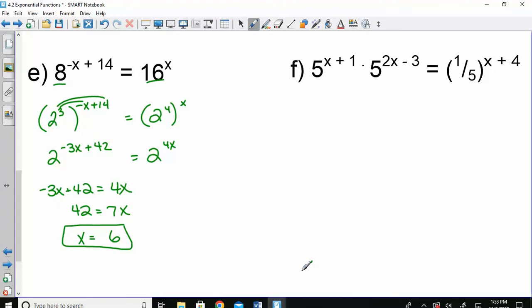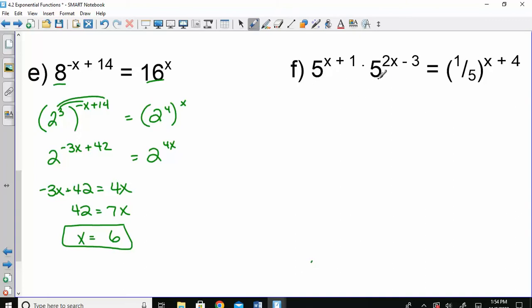I'm only going to do a couple more for today, so let's try and get through just a couple. F. This is the type of problem where the most mistakes are made, and it happens from people dropping the base too soon.